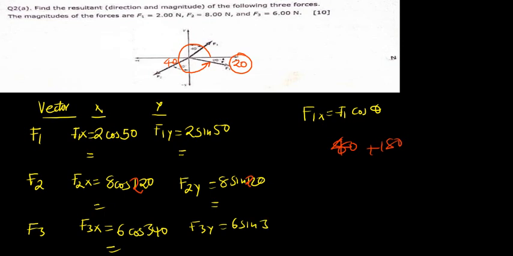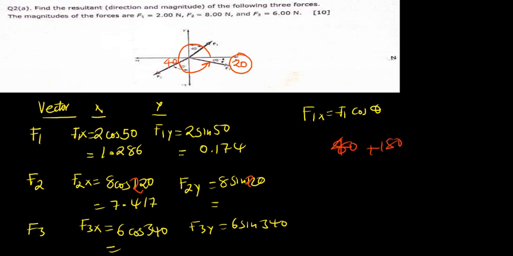Now we can punch 2 cos 50. You can be giving me values if you've punched. That will be 1.286. Then 2 sin 50, that is 0.174. 8 cos 220 is 7.417.